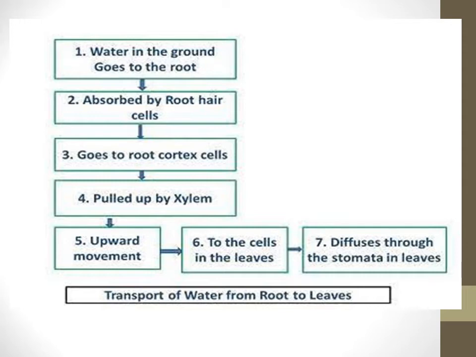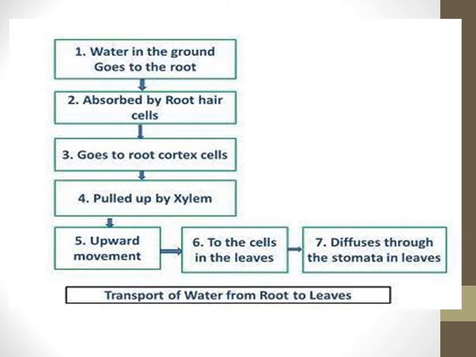Children, you must have seen that when you drink a cold drink with the help of a straw, some amount of cold drink is always left in the straw. So this also is a kind of transpirational pull. This is how the water is carried up in the plant body also.